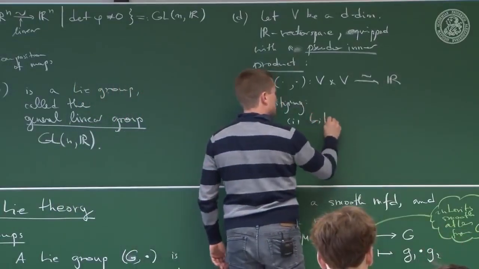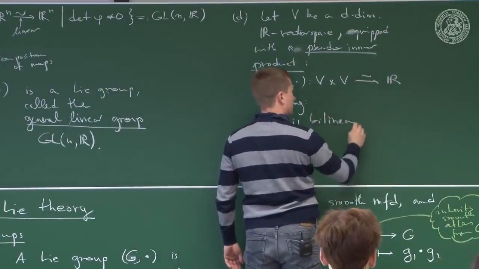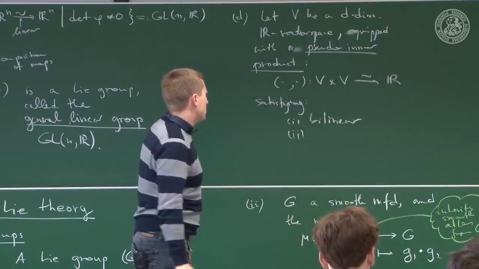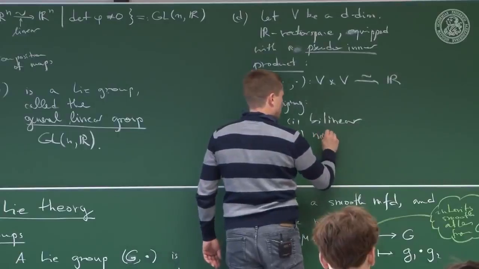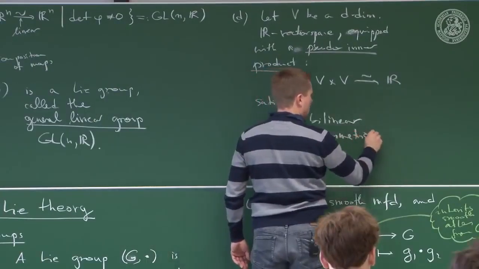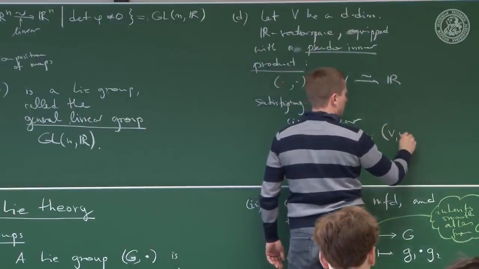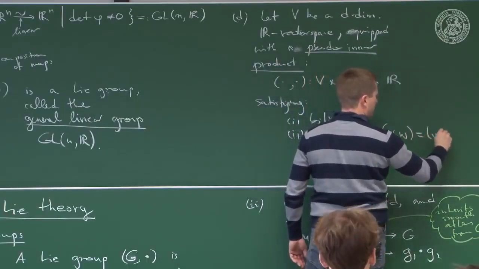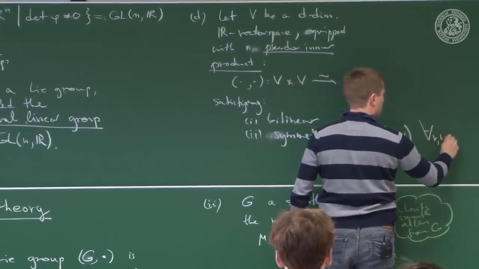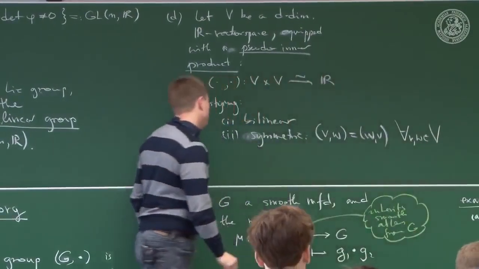Let's emphasize this again. It's already clear here. It's bilinear. And then it's symmetric. That means you have ⟨v,w⟩ is ⟨w,v⟩, for all v, w in capital V.